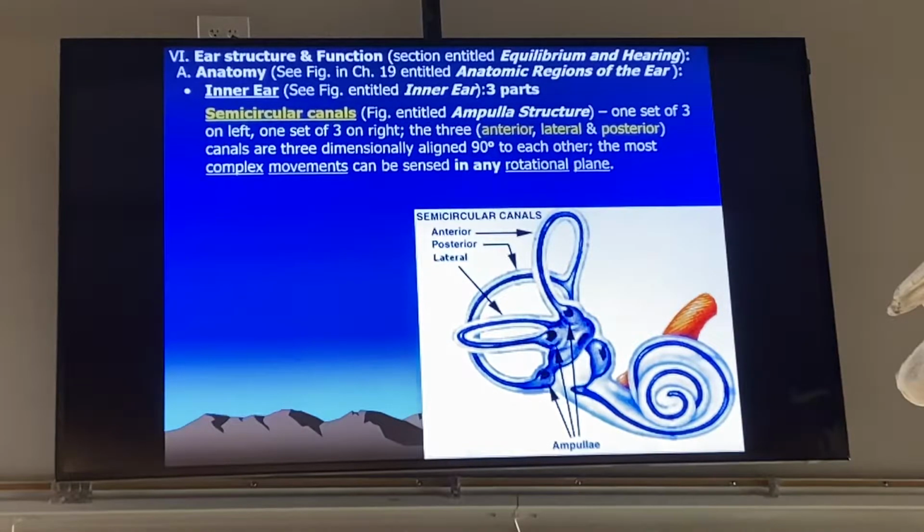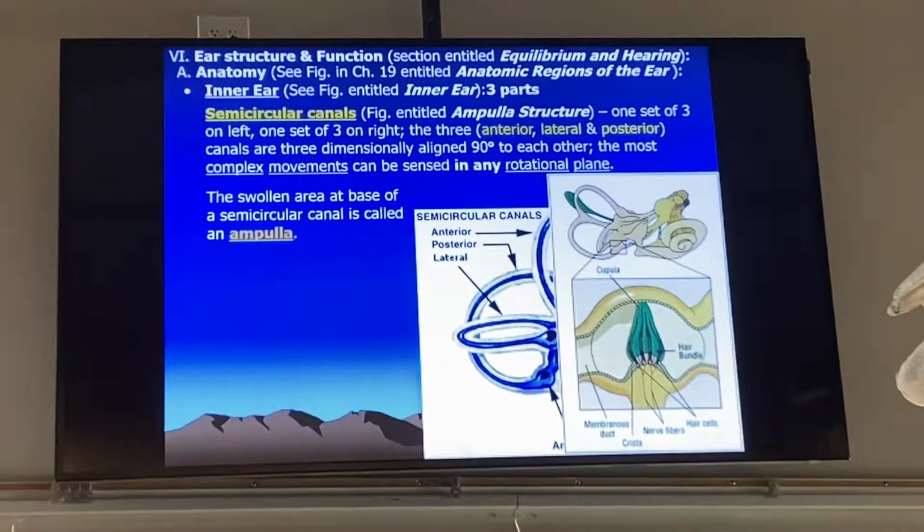And because of that, they can detect any rotation, any gyroscopic rotation in any 3-dimensional plane. Your brain can tell the difference, even if your eyes are closed. So if you're driving in the car, you only have to worry about 2 dimensions. If you're a fighter jet pilot, you have to worry about 3 dimensions. Okay, got it.